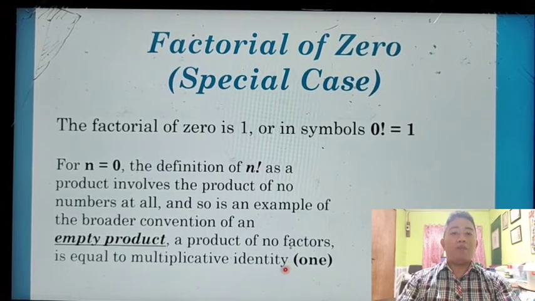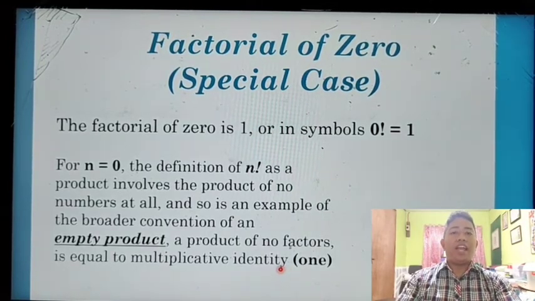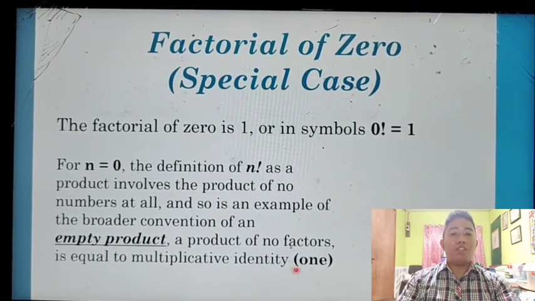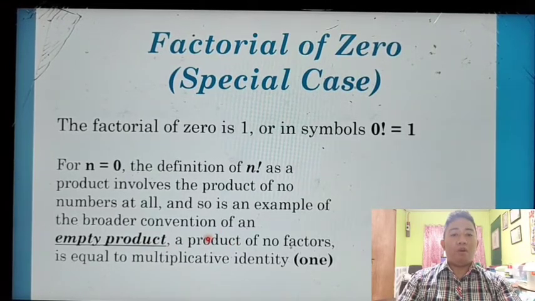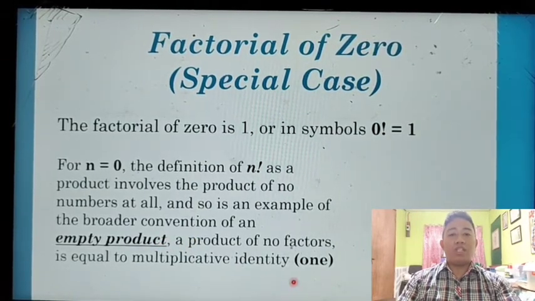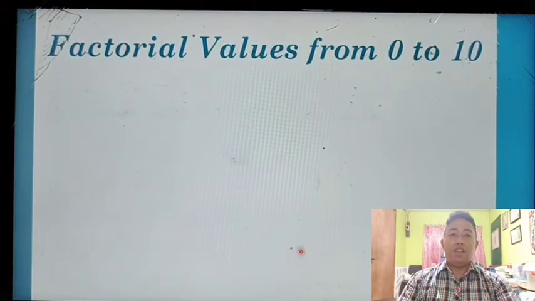It is what we call the multiplicative identity, where the identity element is equal to 1. So that's the reason why any of these numbers could disappear, meaning the product is nothing, or an empty product, which is equivalent to the multiplicative identity.